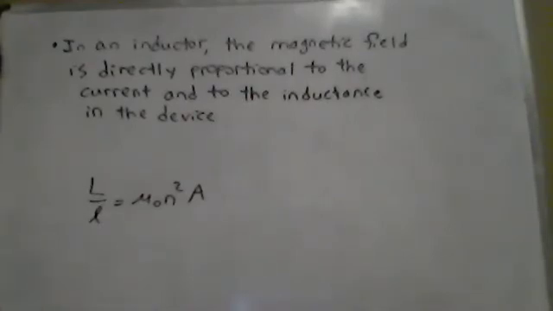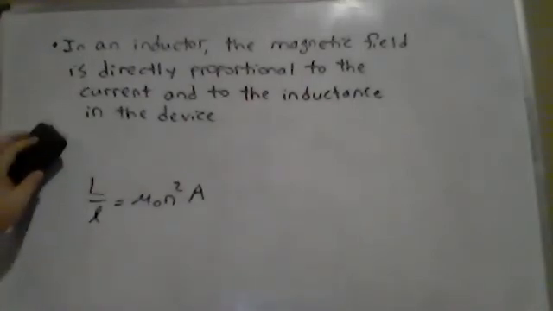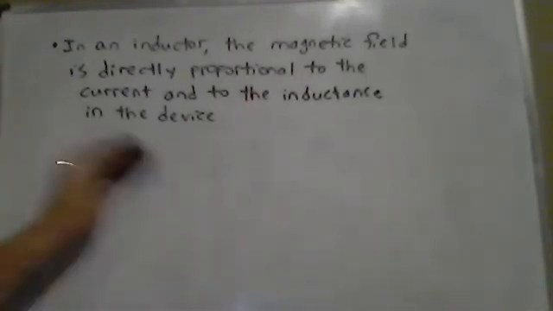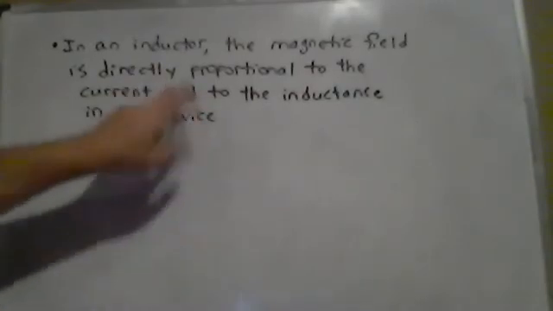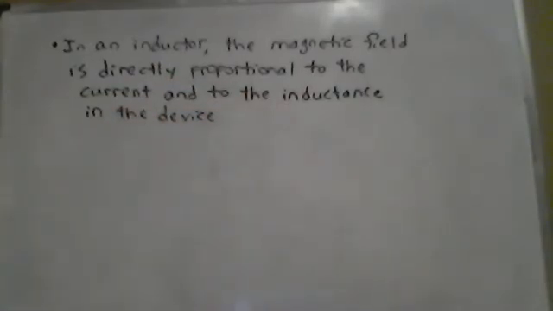That's right. Mu naught N squared A. And so we know that that's the inductance for the solenoid, and so we know that the magnetic field is going to be proportional to the inductance as well.